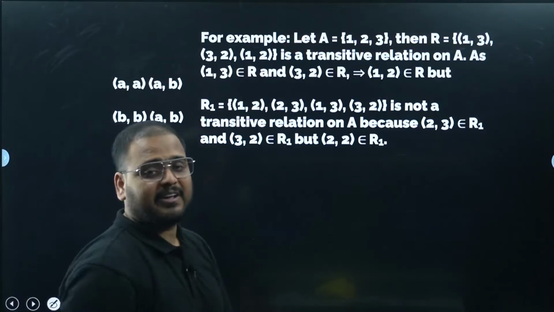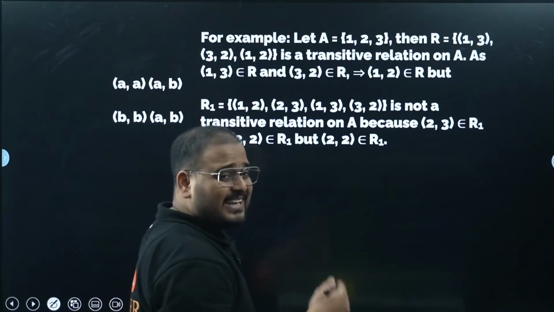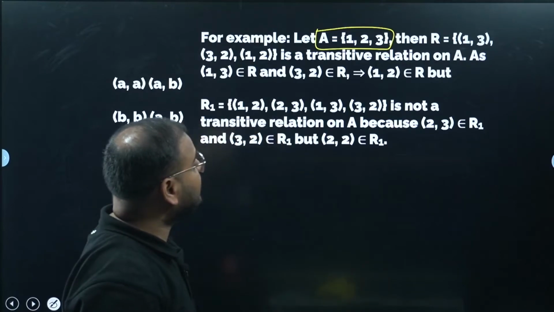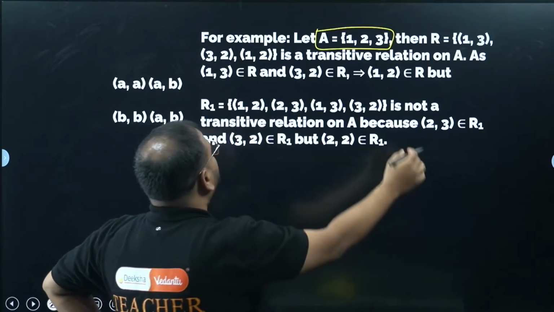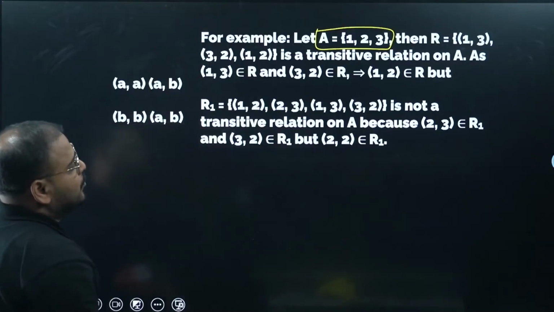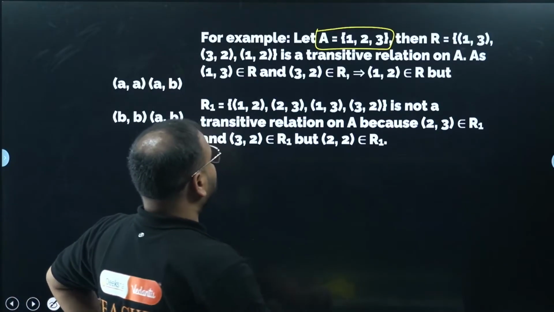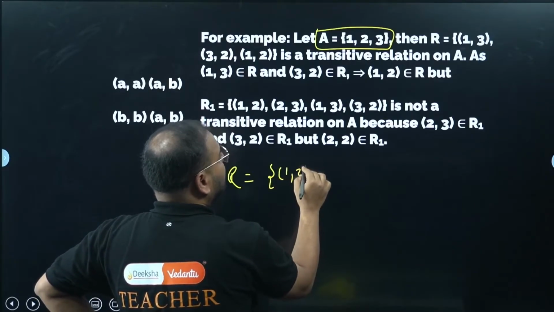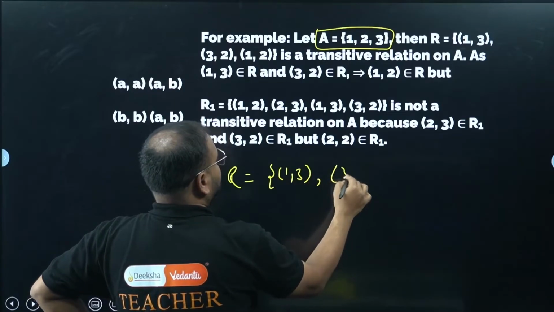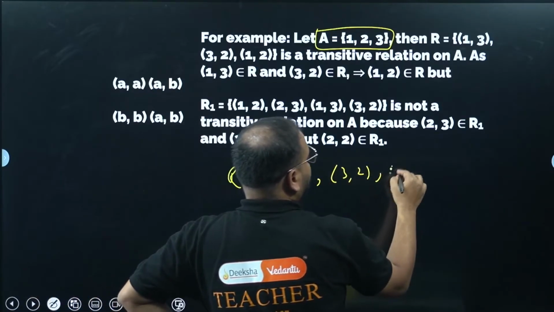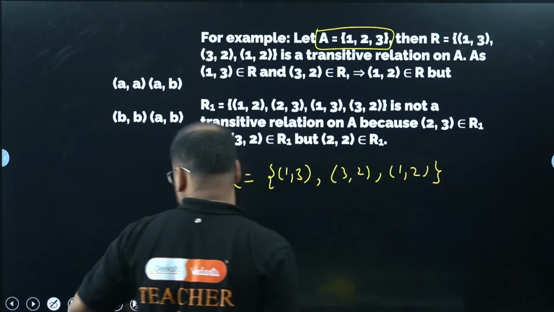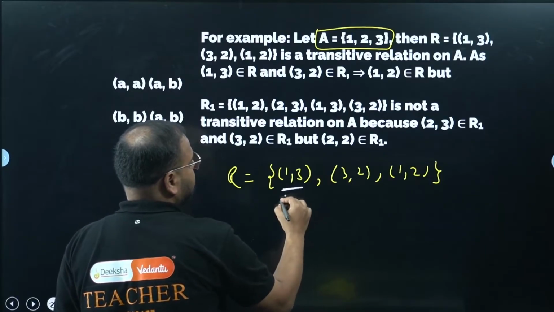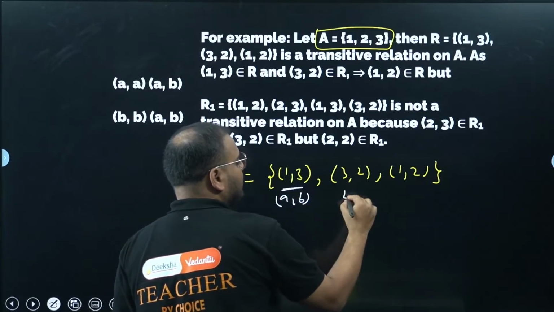Now, I have taken an example. For the set A, which is given as 1 comma 2 comma 3, the relation is written as 1 comma 3, 3 comma 2, 1 comma 2. Check here. If I take it as AB, then this will be my BC.